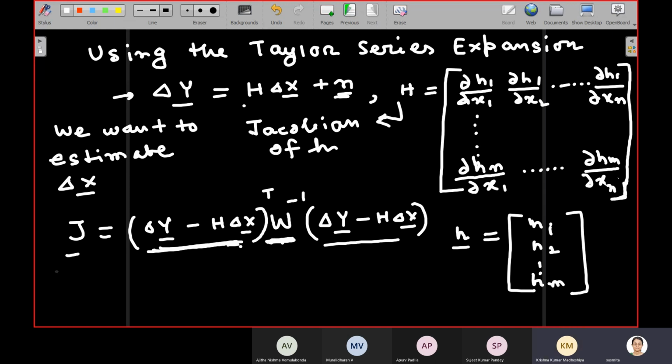So this is the cost function which we want to minimize, and find an estimate of delta x.